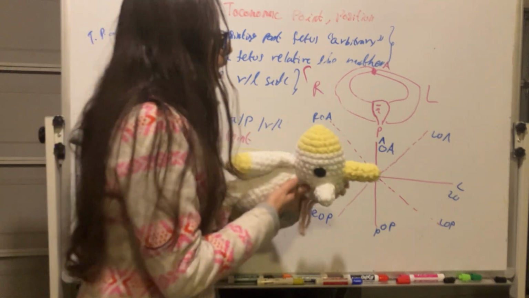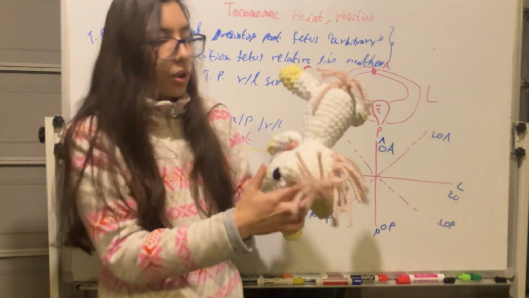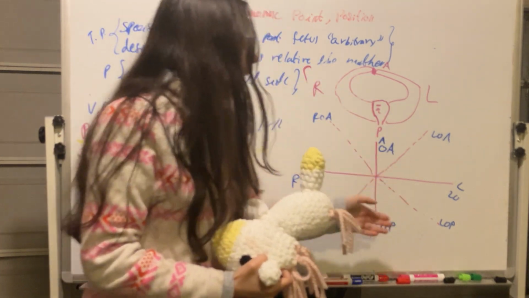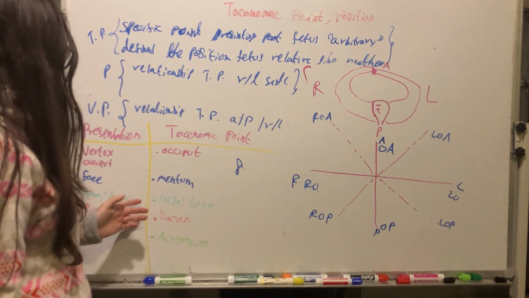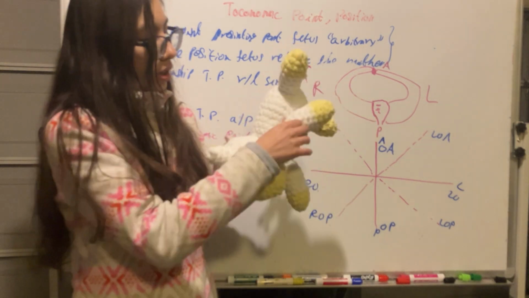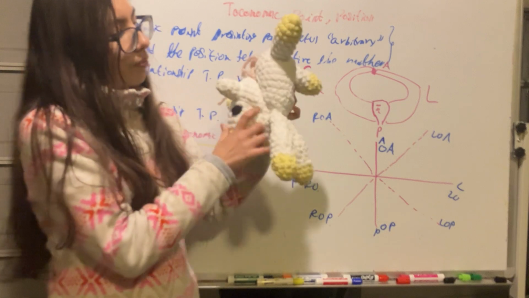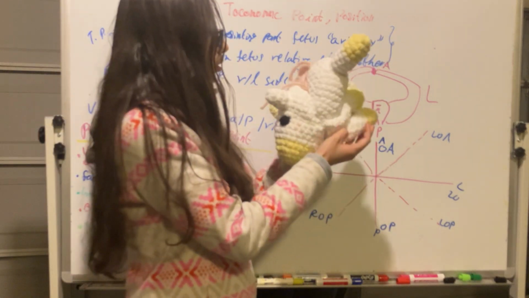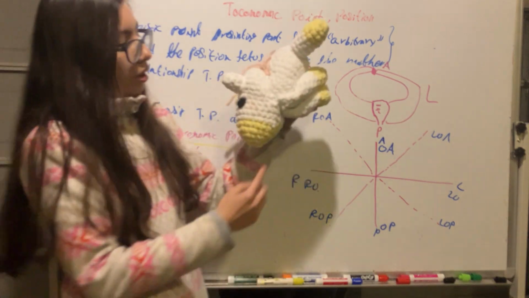Here, this is the example with the tokonomic point being the occiput, but we can have the same variety of position with, for example, the mentum in a face presentation. So it's the same in a face presentation. This is maximally extended. Here the tokonomic point is the mentum.